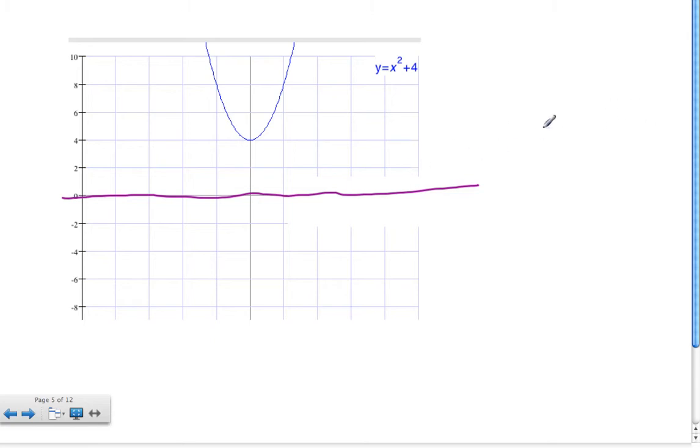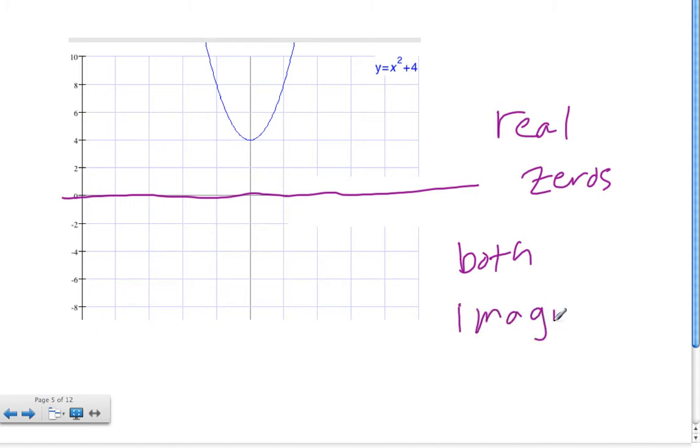Therefore, it does not have any real zeros. They are both imaginary zeros or roots.